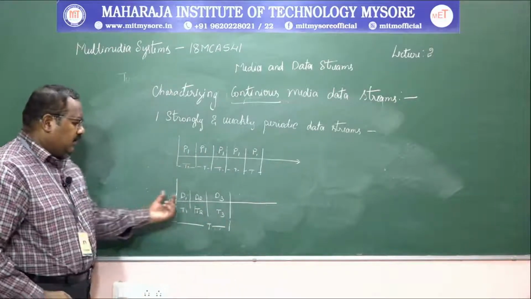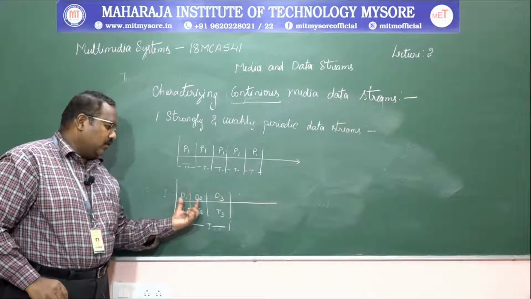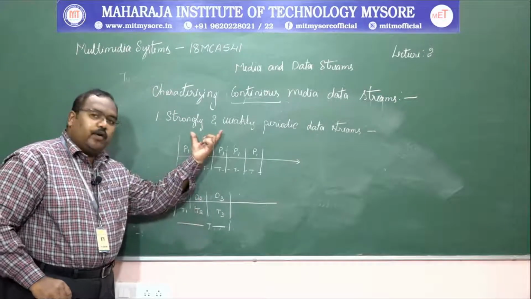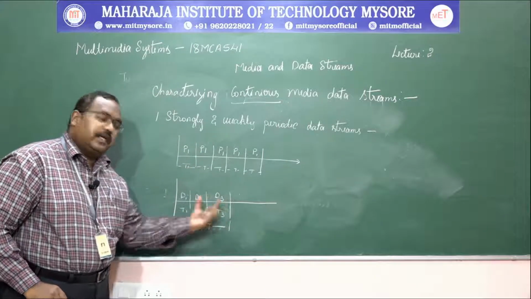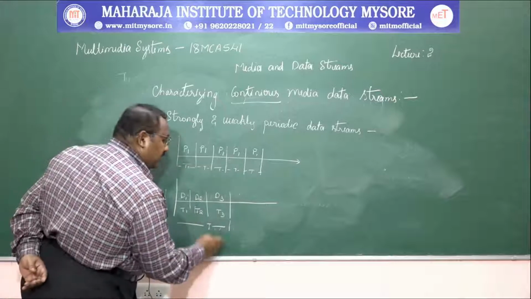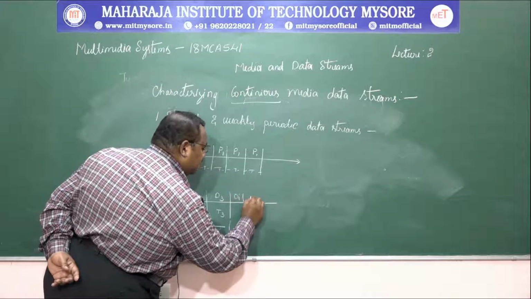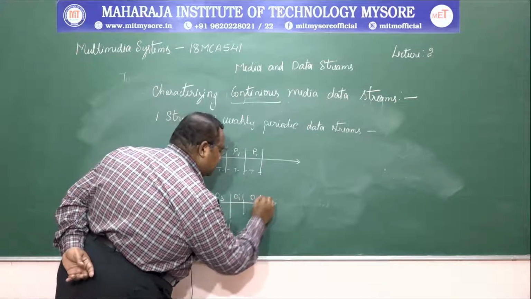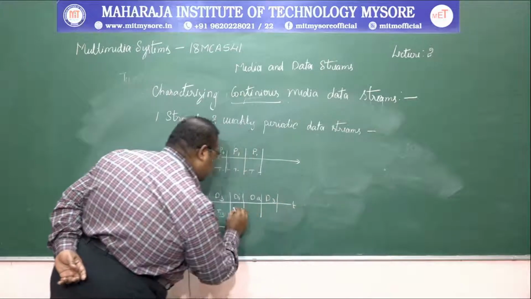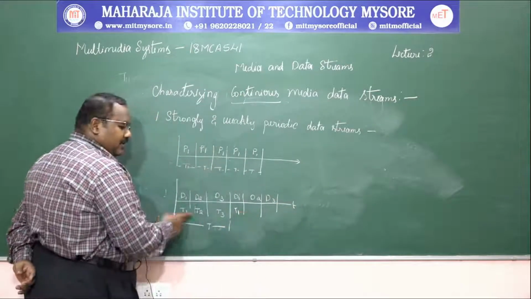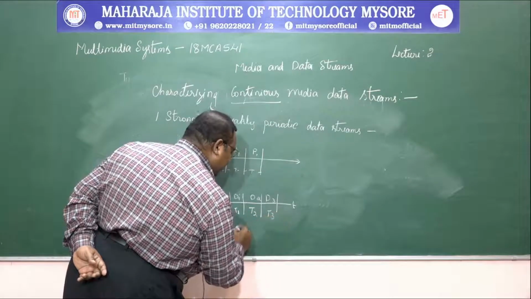Now look at this. D1 has a packet size of so much over the time scale, D2 is so much, and D3 is this much bigger. But altogether, when you look at the consecutive packets, the time scale is matching with respect to T1, T2 and T3.